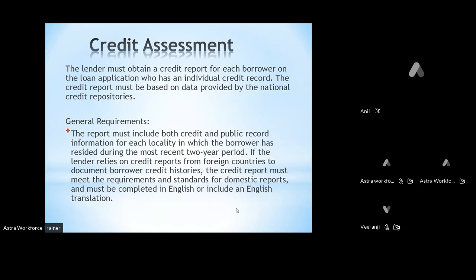The report must include both credit and public record information for each locality in which the borrower has resided during the most recent 2-year period. If the lender relies on credit reports from foreign countries to document borrower credit histories, the credit report must meet the requirements and the standards for domestic reports and must be completed in English or include an English translation.